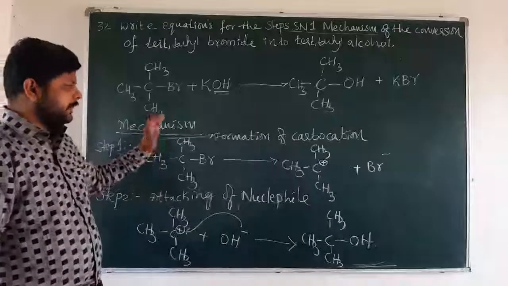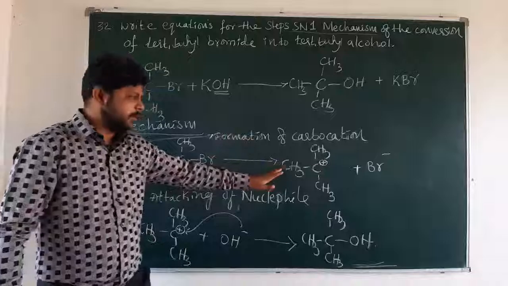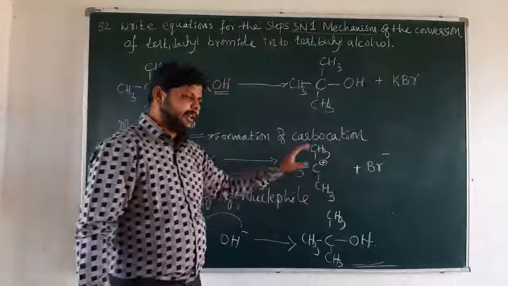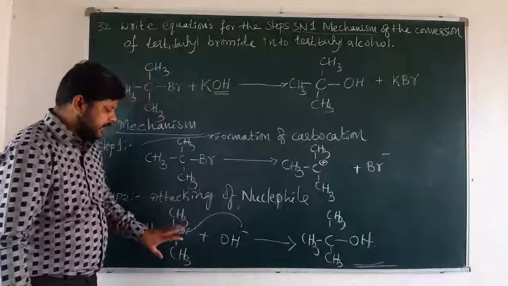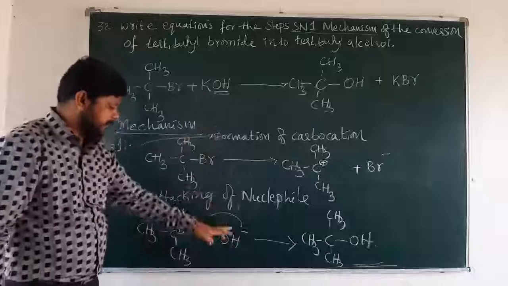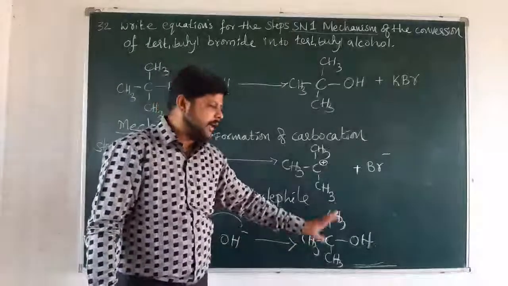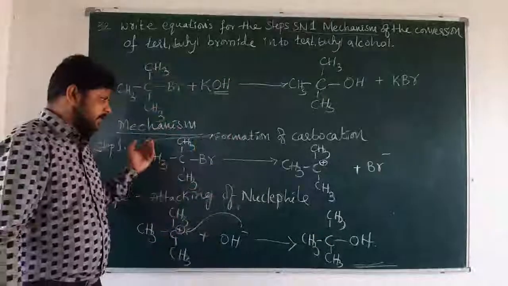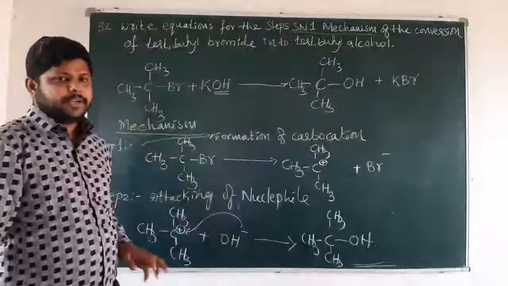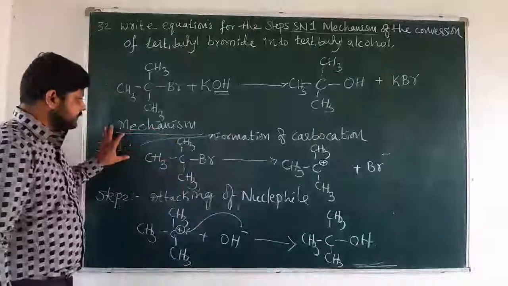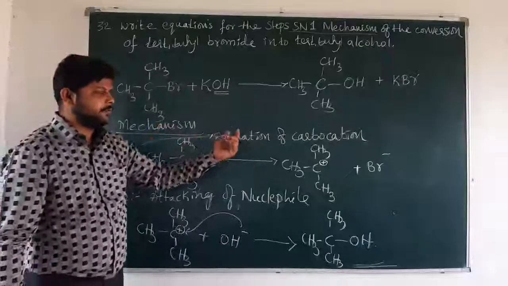This is tertiary butyl bromide and this is tertiary butyl alcohol. Tertiary butyl bromide in the first step is converted to a carbocation. In the second step, on the carbocation, OH minus from this KOH attacks. You will get tertiary butyl alcohol. For these two steps, you will get 2 marks or 3 marks. For the first step, write the name, formation of carbocation.